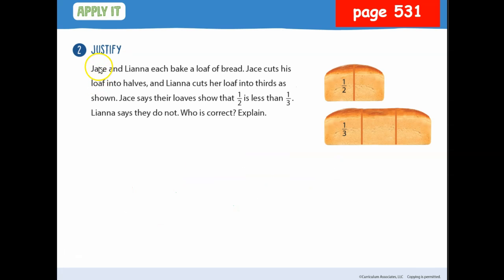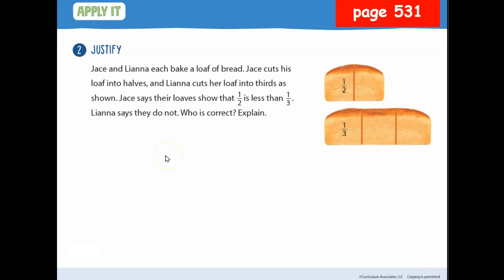It says Jace and Leanna each bake a loaf of bread. Jace cuts his loaves into halves, and Leanna cuts her loaves into thirds. Jace says that their loaves show half is less than a third. Who's correct? Leanna says they do not.